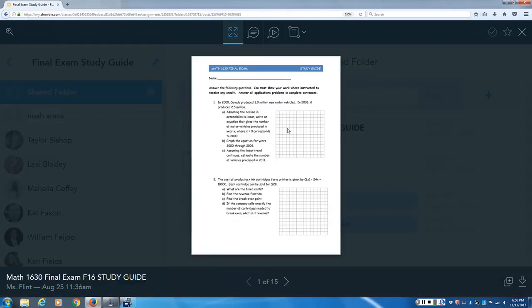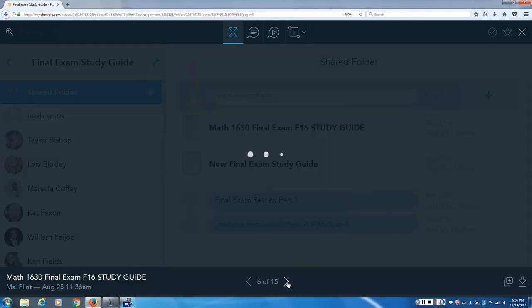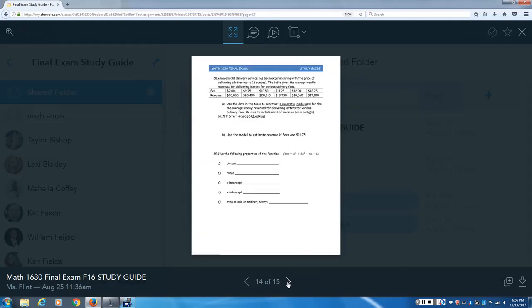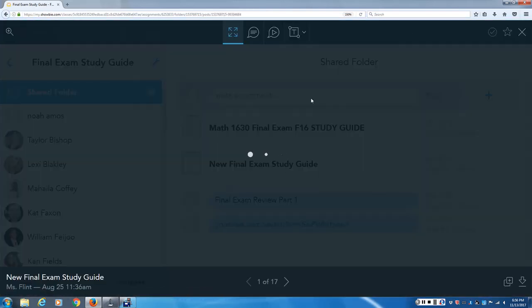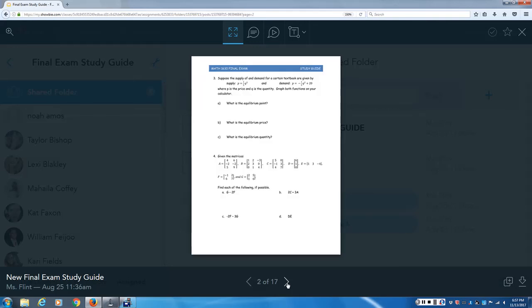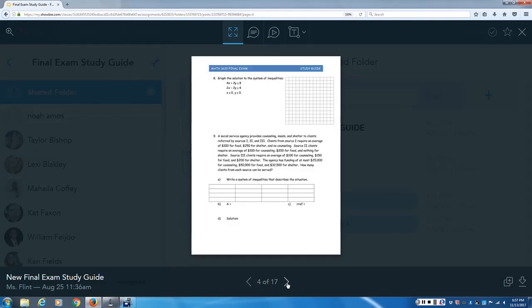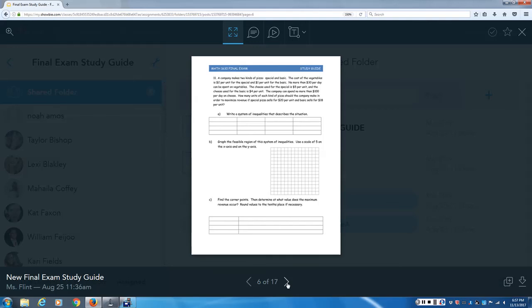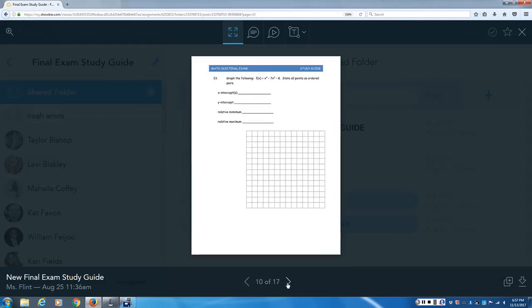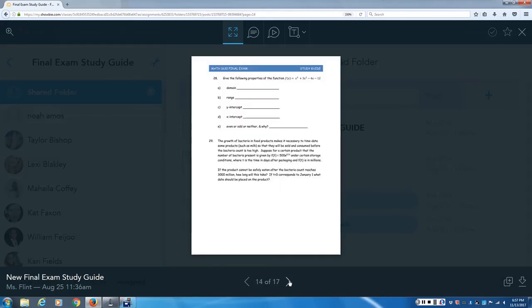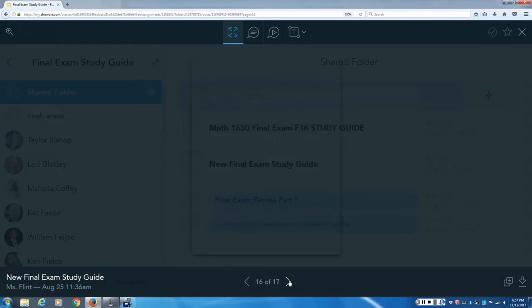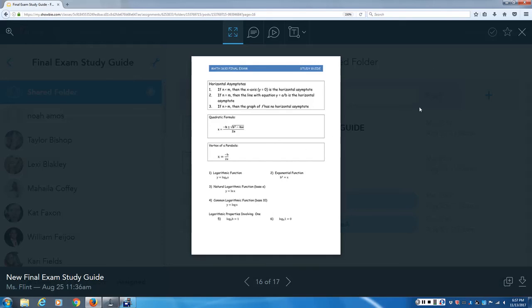One of them's the old one and the other one's the new one. Yeah, this is the new one, and it's more like the new test than the old one is, but the old one has similar problems, so you can use that for practice. And that's actually the formula sheet for it.